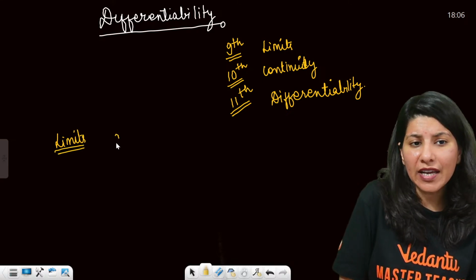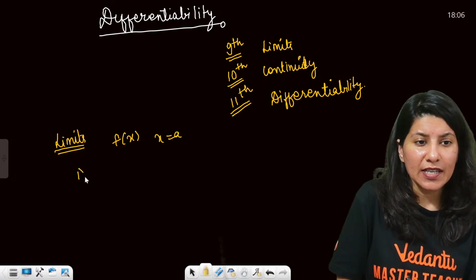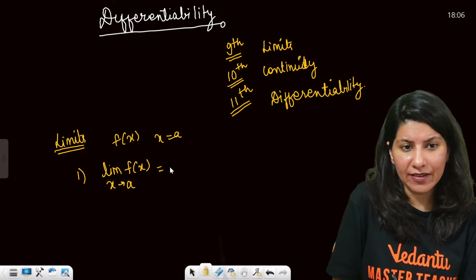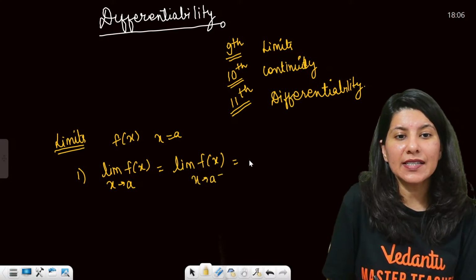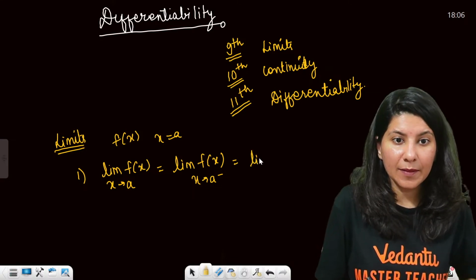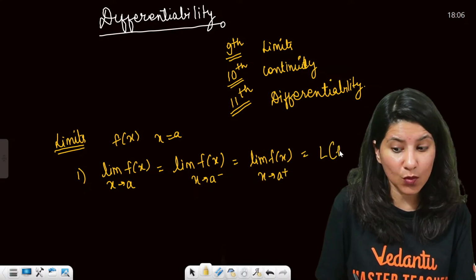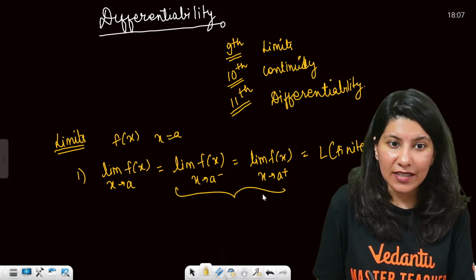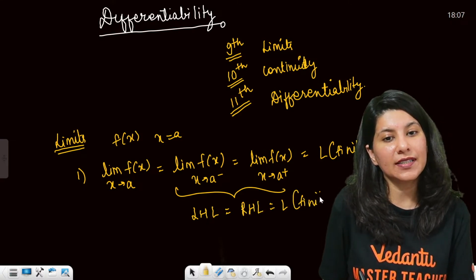If there is a function and we are talking about x equals a, then the limit of the function as x tends to a equals the limit as x tends to a minus, equals the limit as x tends to a plus. That should be a finite quantity. So this is the definition of limit: the LHL should equal the RHL, and that should be a finite quantity.